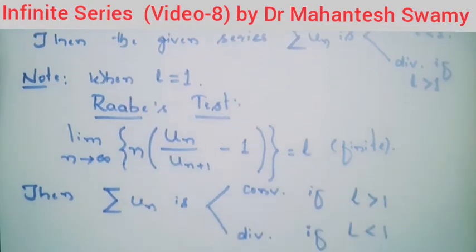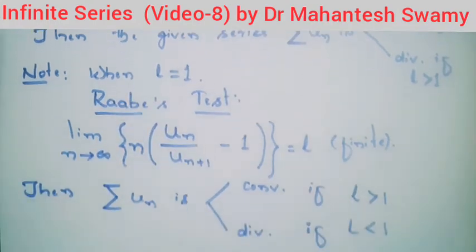It is advised that when the ratio test fails, we proceed to Raabe's test. So Raabe's test is not directly applicable. When we apply the ratio test and it fails, then it is preferred to apply Raabe's test.